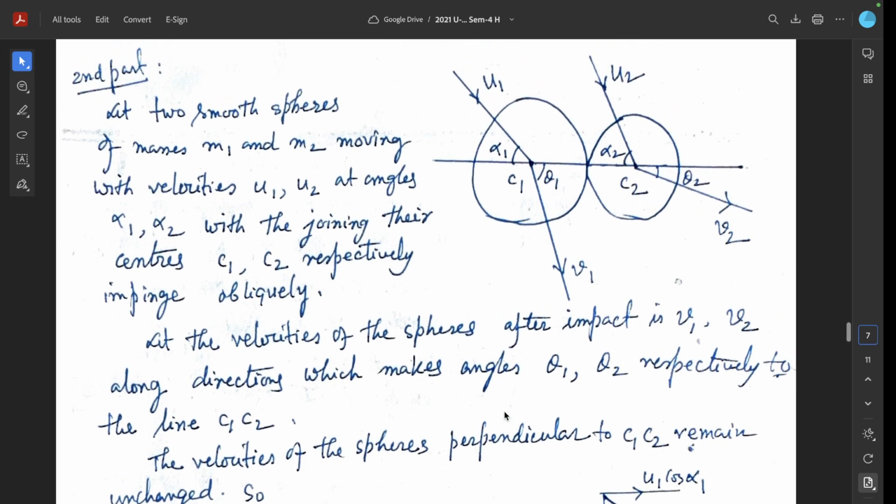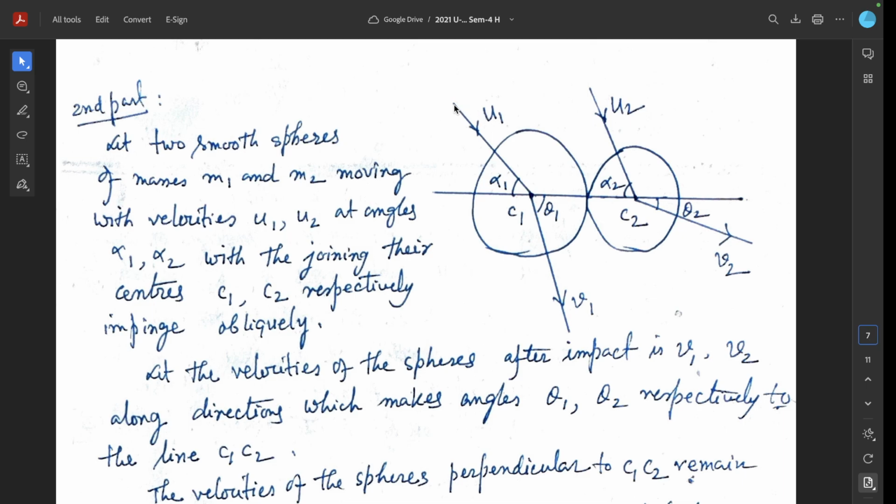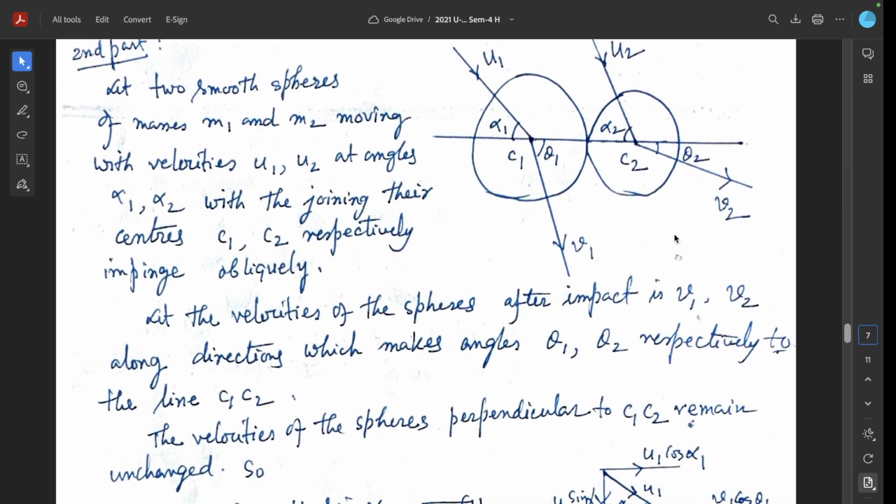The velocity components: u1 in this direction makes angle alpha 1, so u1 cos alpha 1, and in the perpendicular direction u1 sin alpha 1. Similarly for velocity v1, the horizontal component is v1 cos theta 1 and the vertical downward component is v1 sin theta 1, and similarly for v2.